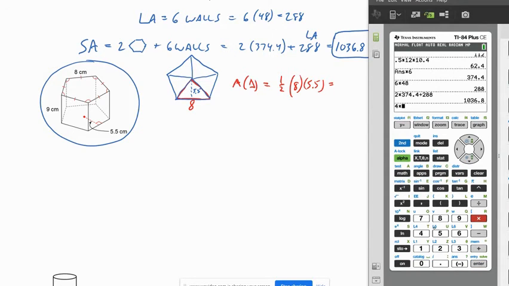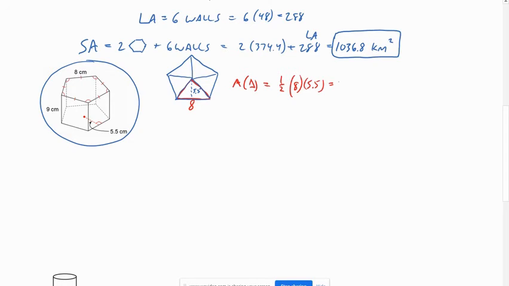So 4 times 5.5 is 22. So the area of one triangle is 22, which means the area of the pentagon is 5 of those. 5 triangles, which is 5 times 22, which is 110.